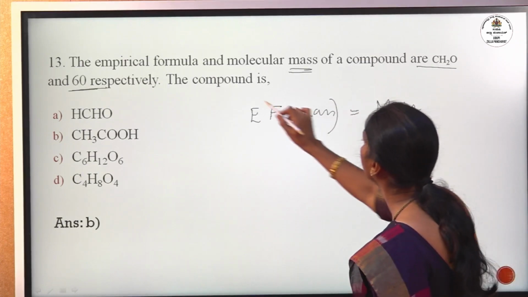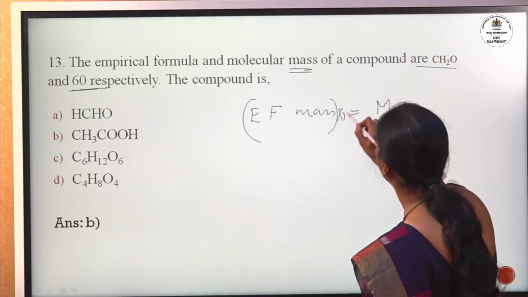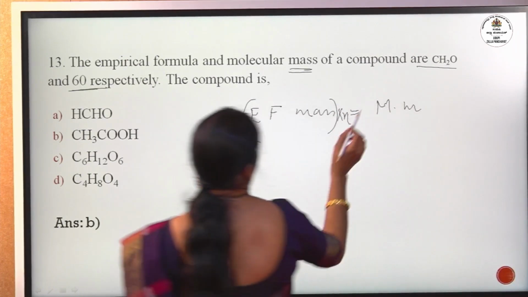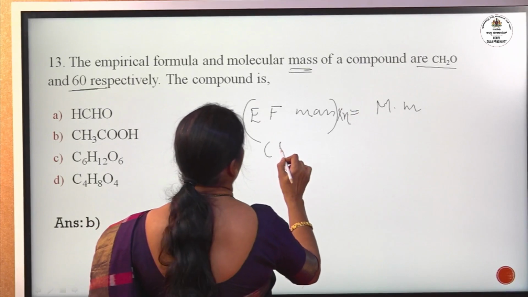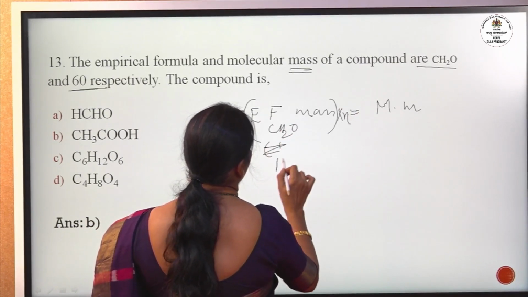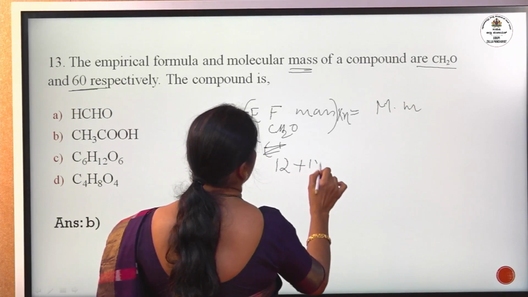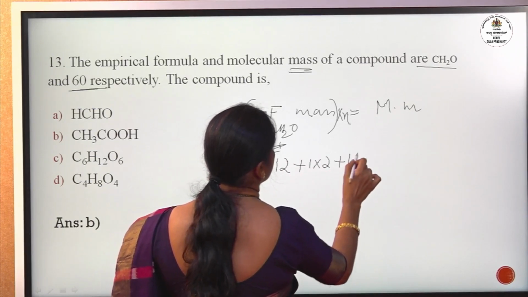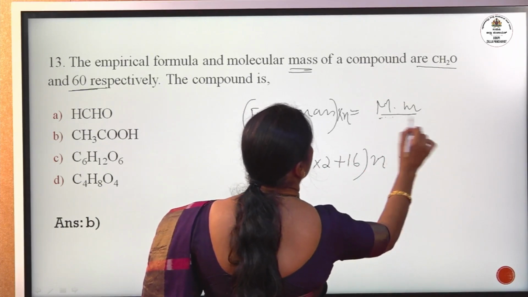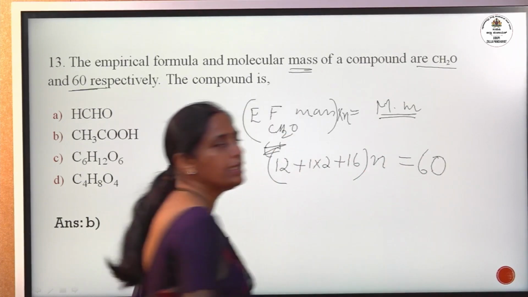Here it is multiplied by some number N. Now empirical formula is CH2O, its mass becomes 12 plus 1 into 2 plus 16, into N equal to the molecular mass, which is 60.